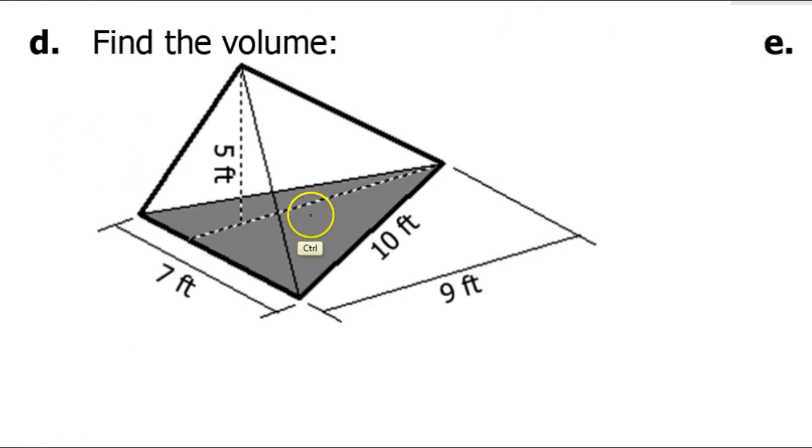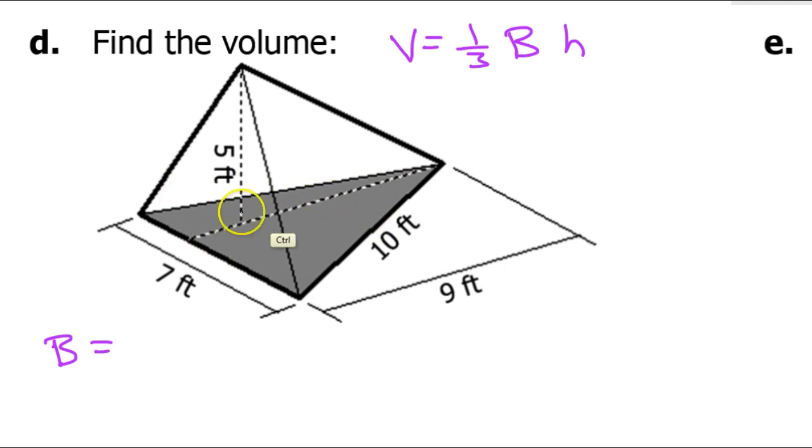All right, part D is another pyramid. So once again, the formula for the volume of a pyramid is 1/3 area of the base times the height. So the first thing we need to do is calculate the area of the base. The base is this triangle that they kindly shaded for us. The area of a triangle is 1/2 base times height.